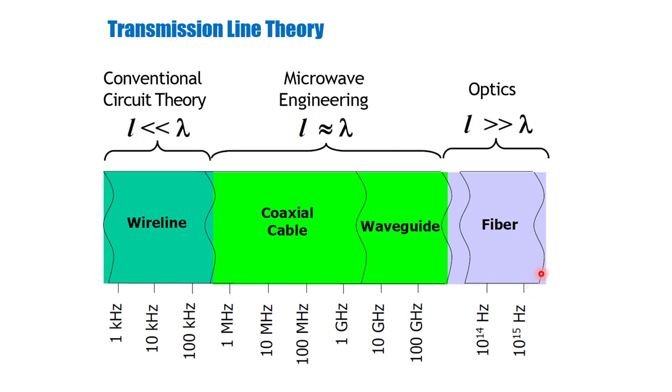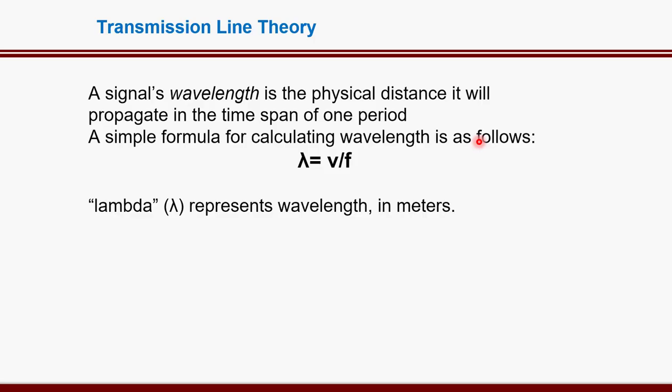There the lambda is very small because the frequency is very high, and if the lambda is small, then the length should be high. So in 1 meter, several lambdas are occupied. So we can transmit high frequency signals using fiber optic cables where the length is much higher than the distance lambda. So this is about how to design or select the transmission line.